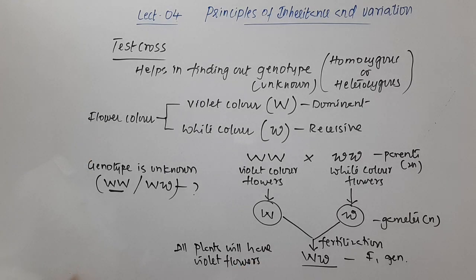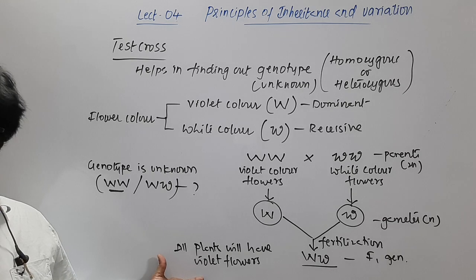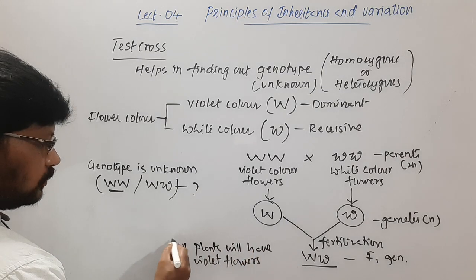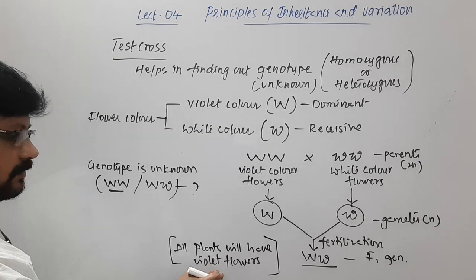When we get all plants with violet flowers, this indicates that the parent is homozygous dominant.